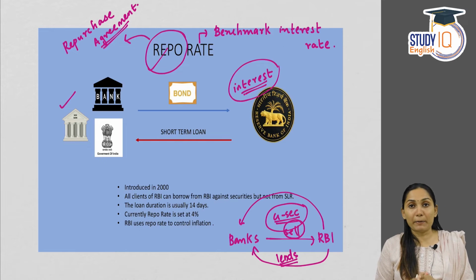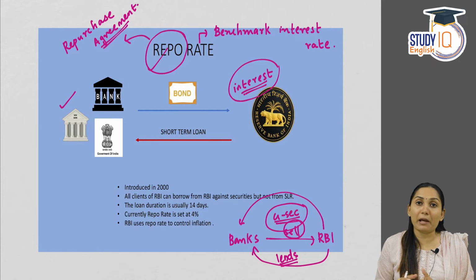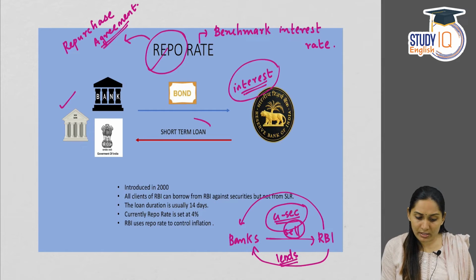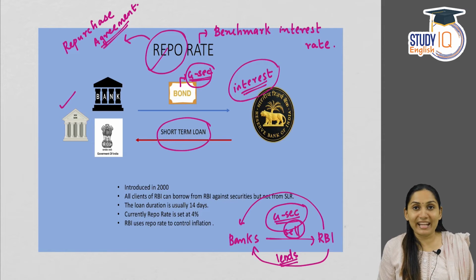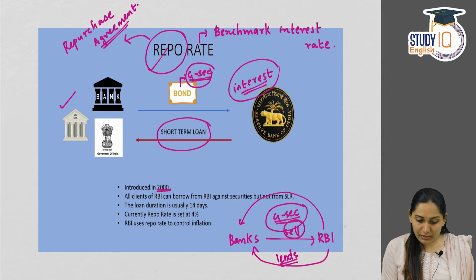And based on the repurchase agreement of government securities, RBI can lend money to the commercial banks. And the interest rate for such loans given by RBI to the scheduled commercial banks is known as the repo rate. So basically, repo rate is the interest rate charged by the RBI on such short-term loans. So this bond here refers to government securities which the banks sell to RBI and agrees to repurchase it after a certain period. Repo rate was introduced in 2000.